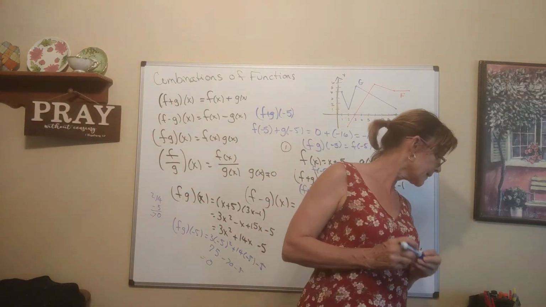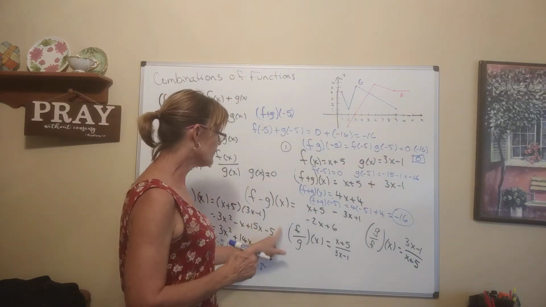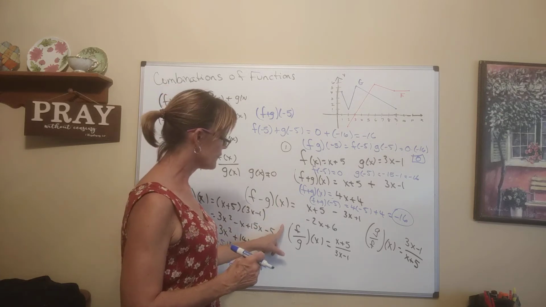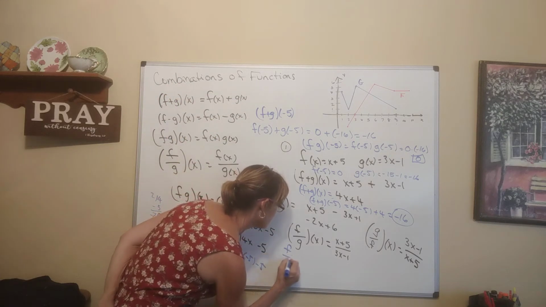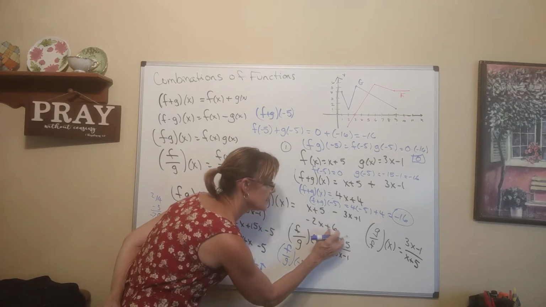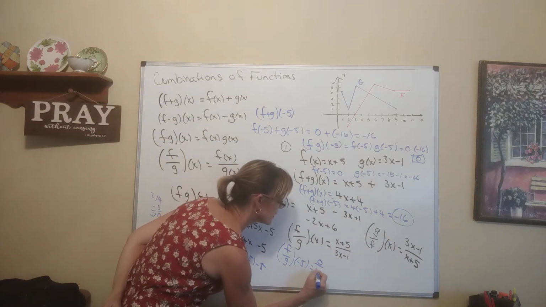Let's see. The last thing we had to do was find f over g of -5. So f over g of -5 is going to be -5 plus 5, a 0, over -15 minus 1, -16.